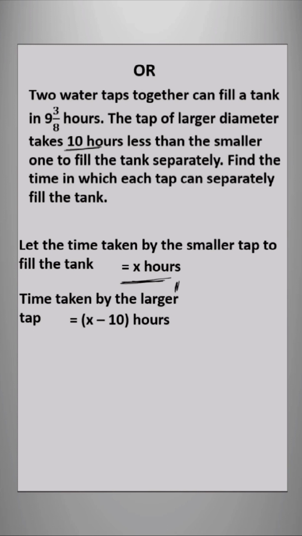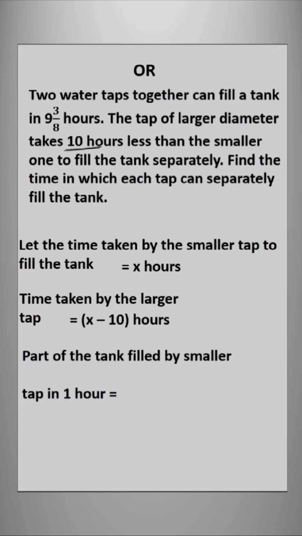In x hours, 1 full tank. In 1 hour, 1 by x. Now let us write, part of the tank filled by the smaller tap in 1 hour is 1 by x.